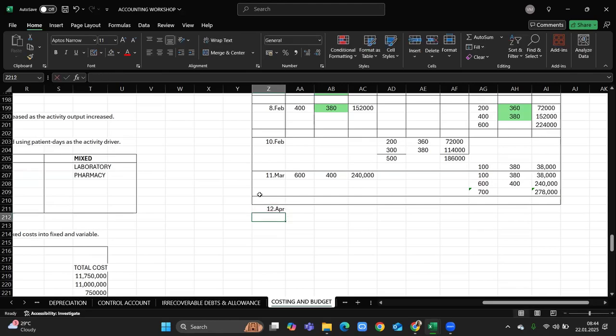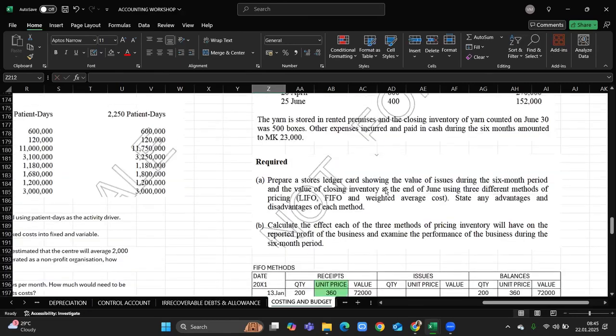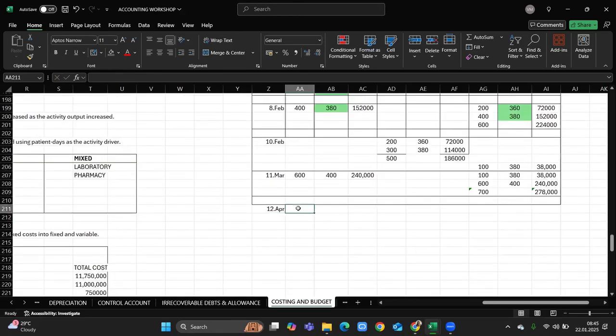So for 12th April, what I will do? I will have 400 given here. So after dividing, I'll find out my unit is 350. So my calculation, this one will be how much? 140,000. Okay, can.